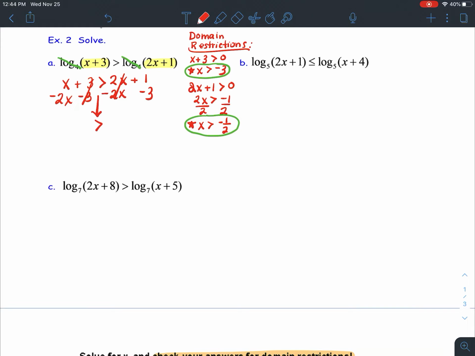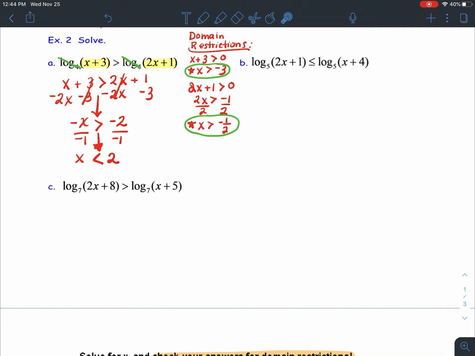My symbol right now is a greater than symbol. That's going to give me negative x on the left, negative 2 on the right. Now look at what I'm doing here. I'm dividing both sides by a negative number. That's when I would flip the symbol the other direction. And so initially I'm getting that x is less than 2.